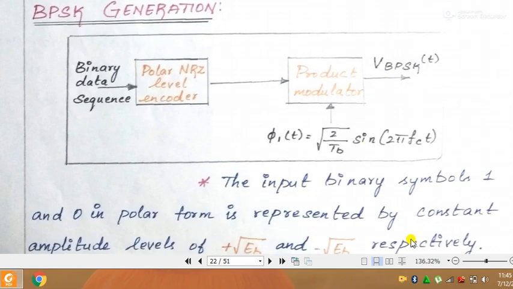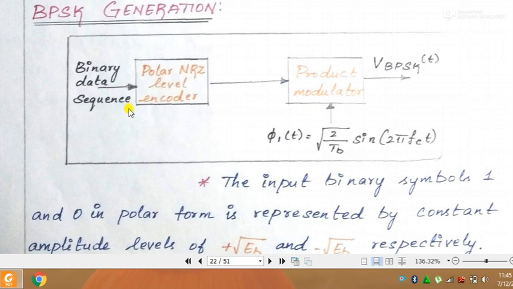This is the block diagram of BPSK signal generation. See here the binary data sequence, it may be 0 or it may be 1. The binary data sequence is given to the polar non-return to 0 level encoder.